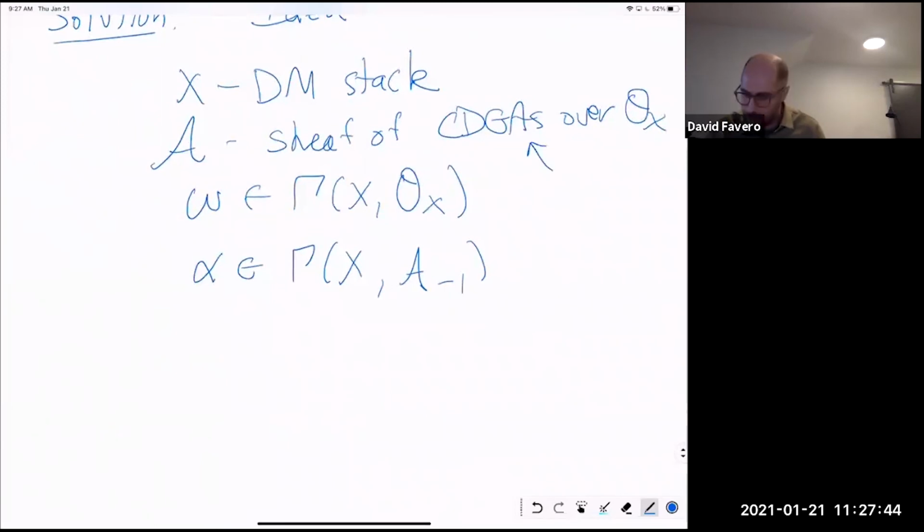But the idea is that then you can form a matrix factorization. I'm just talking about it in complete generality here.